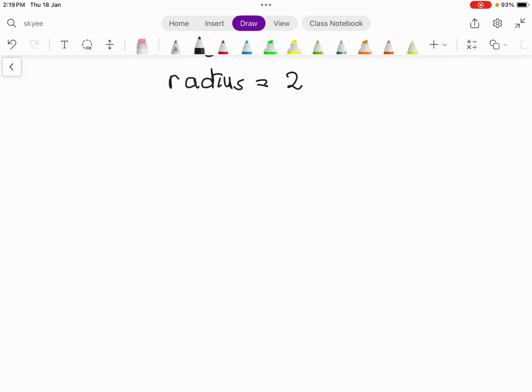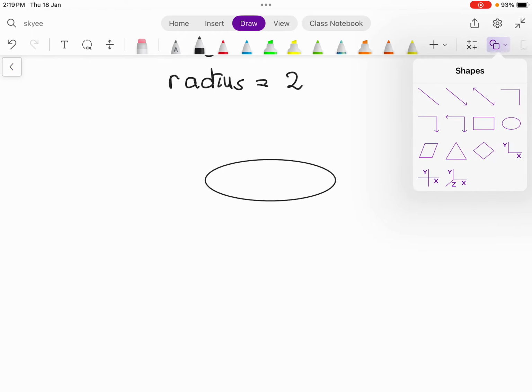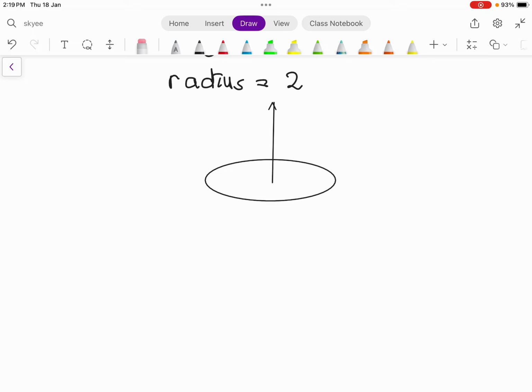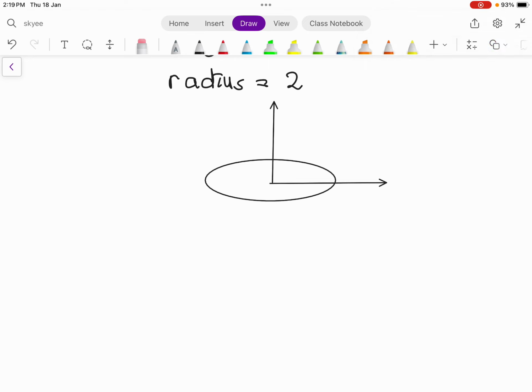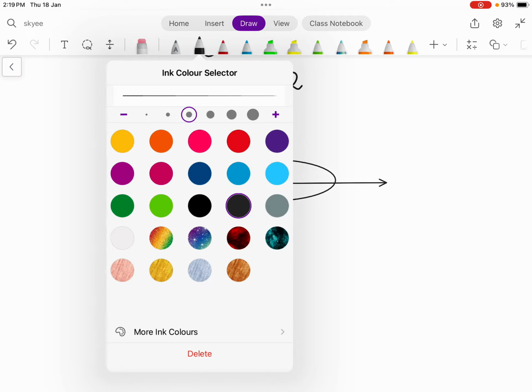So let's draw it. This is the upper hemisphere, and you use this line.